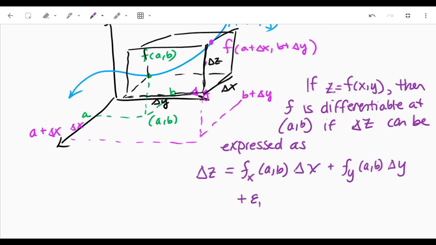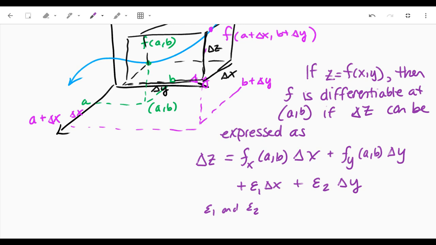So plus E1 times delta x plus E2 times delta y. E1 and E2 are errors. E1 and E2 should go to 0 as delta x, delta y goes to 0, 0.